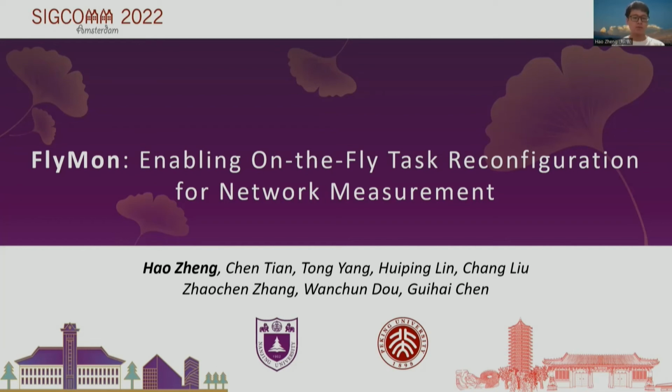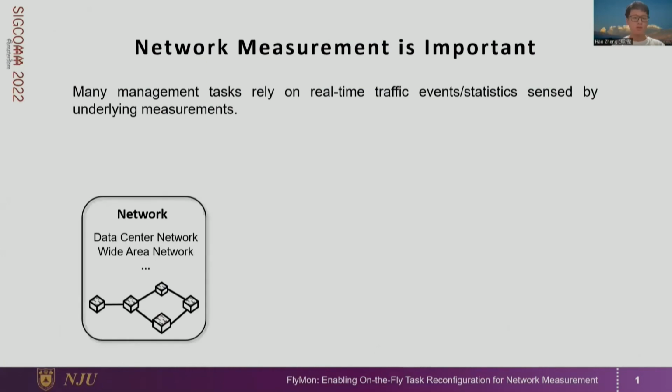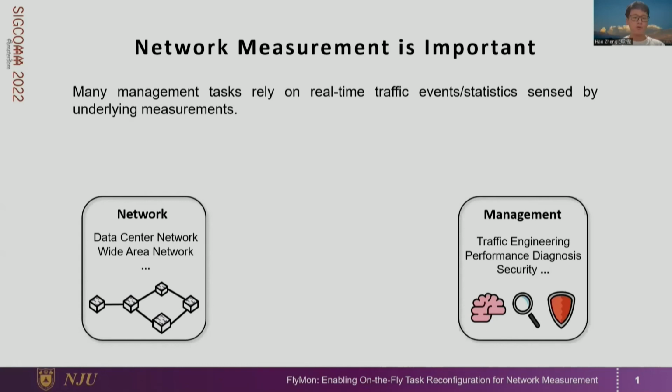Let's first review some background. We know that network measurement is important. In most network environments like DCN and WAN, operators need to perform many management tasks on the network, such as traffic engineering and performance diagnosis.